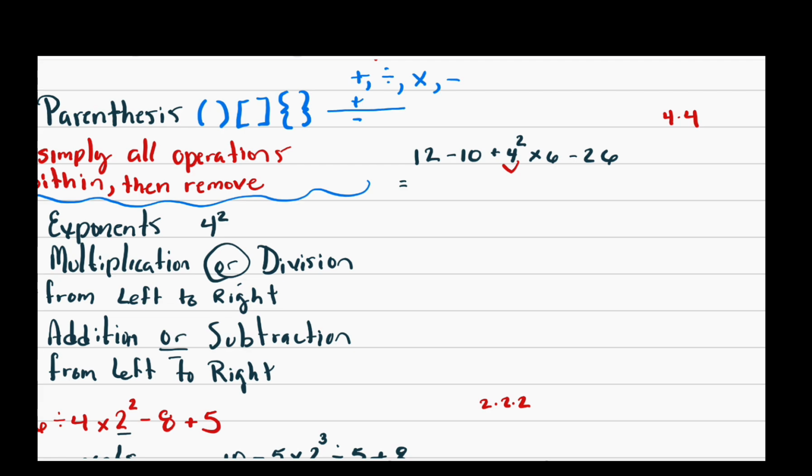Put it in the calculator. 4 squared is 4 times 4. You find it? Anybody find it? Yeah. 16. And then bring everything else down. The plus, the -10, the 12.